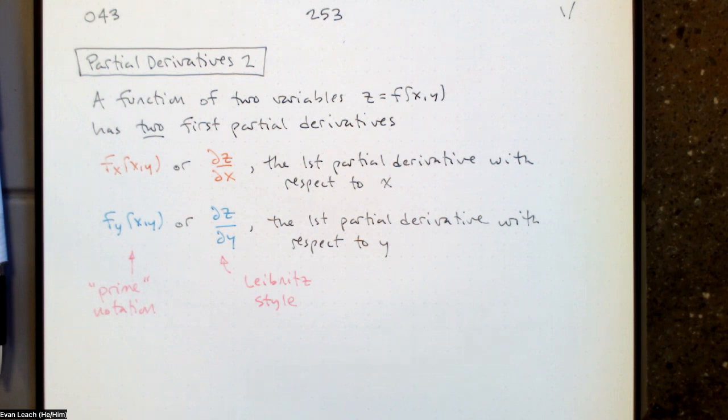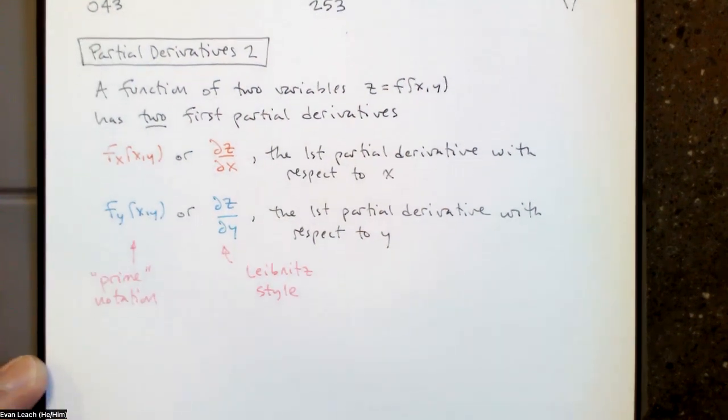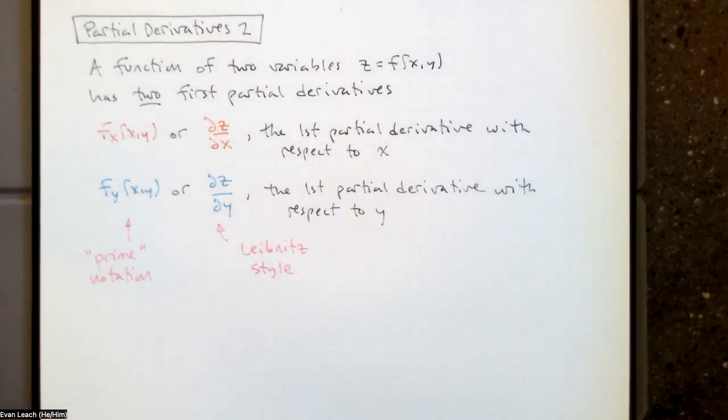The other good news is that in terms of the mechanics, you already have the mechanics. You already know how to do this. Yesterday, when we find the partial with respect to x, we're going to treat y as constant, either a term or a factor. When we have a partial with respect to y, we're going to treat x as constant, either term or factor.